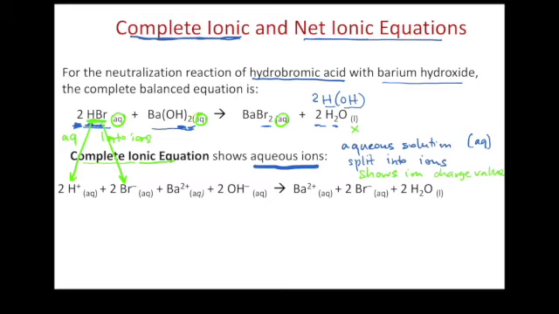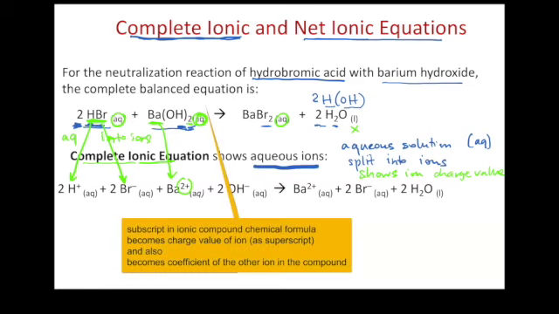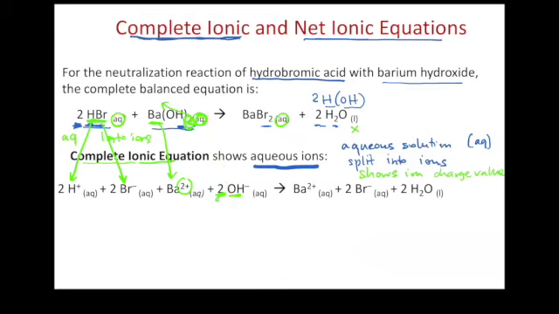This aqueous solution, Ba(OH)2, gives the barium ion, which has a +2 charge. That's because it comes from the subscript 2 that becomes a +2 charge on the barium. That 2 also becomes a coefficient in front of the hydroxide ion, because there were 2 hydroxide ions that balanced out the +2 charge of the barium. So this breaks up into the 2 hydroxide ions and the 1 barium ion.